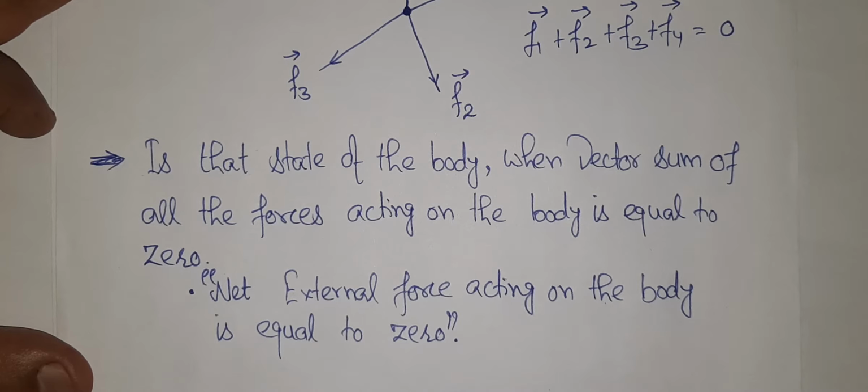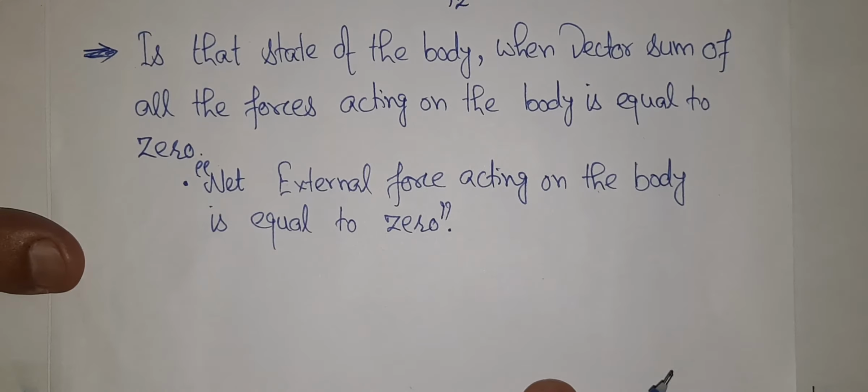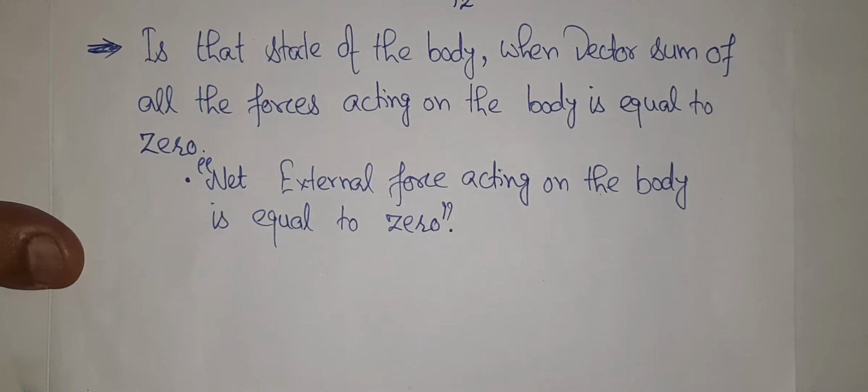Now what happens in accordance with Newton's second law of motion, or first law also you can say, when the total force acting on the system is equal to 0. Okay, net force acting on the system is equal to 0. Either the system will be at rest or it will be moving with constant velocity.